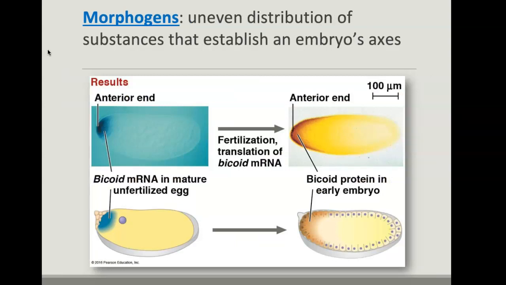As the embryo is developing, there can be an uneven distribution of substances that can help to establish an embryo's axes. These are known as morphogens. And if you look at the diagram, there's a gene known as a bicoid gene. So please remember the bicoid gene is going to be transcribed into bicoid mRNA, which will make certain kinds of bicoid proteins.